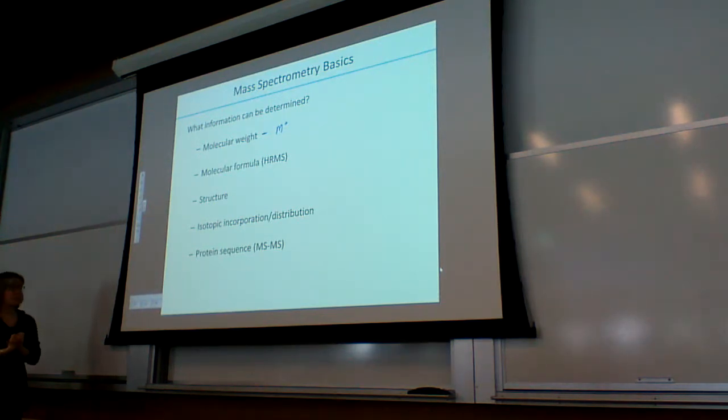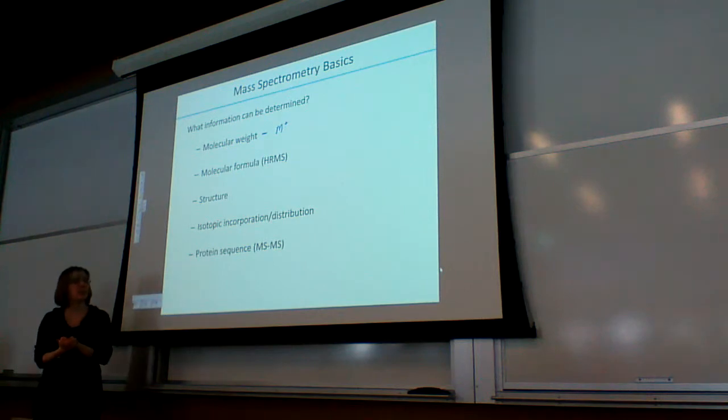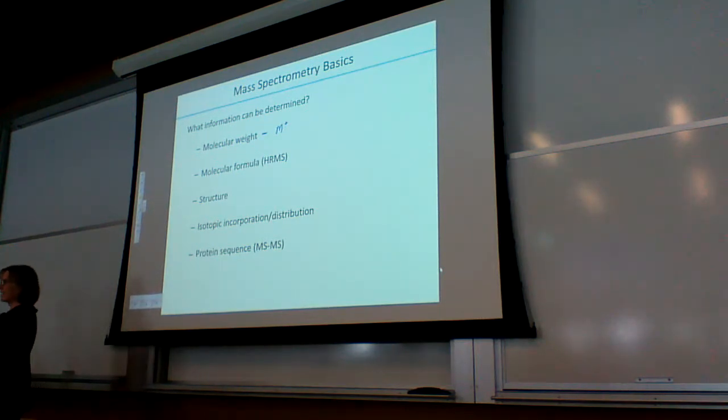The protein sequence typically is done using what's called MS-MS. So you take a mass spectrum of the sample as it's going through, and then you have another fragmentation event, and then you take a second mass spec.